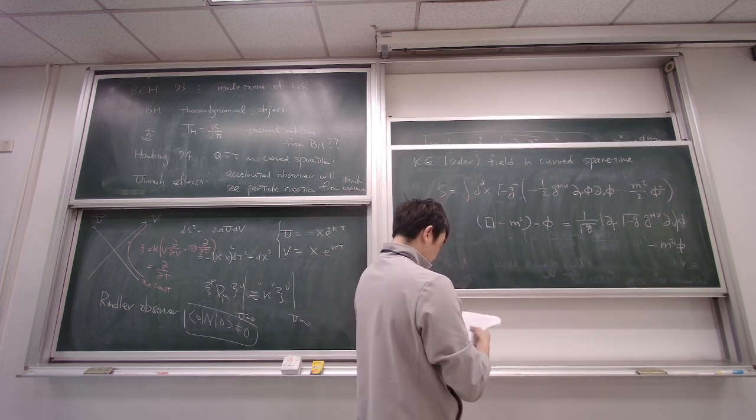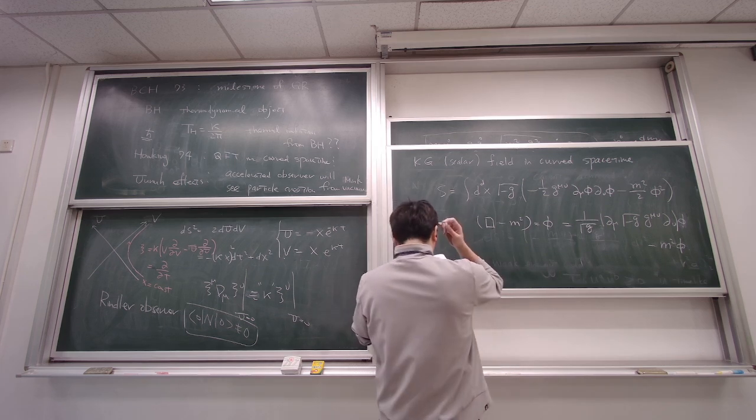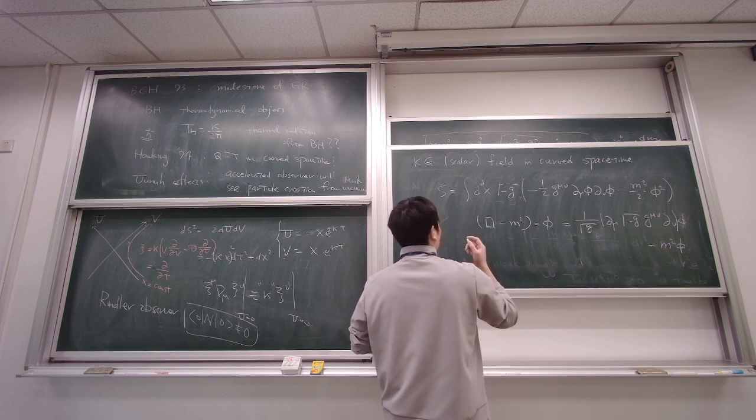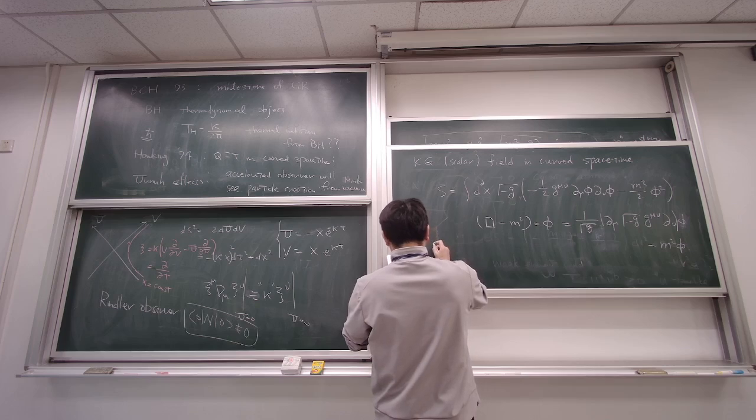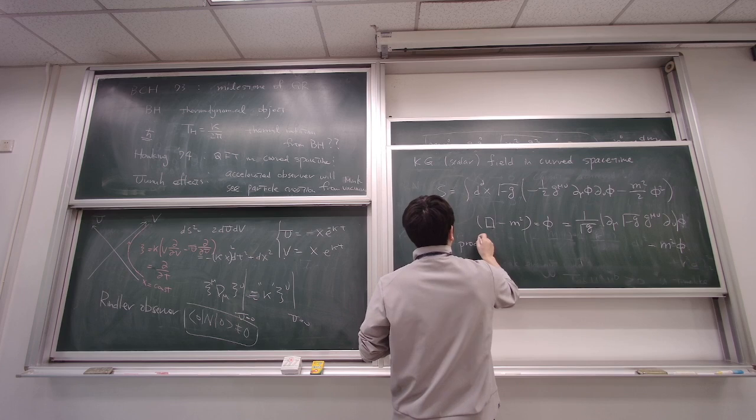Okay, and we introduce some metric on the field. So this is called inner product on a field.